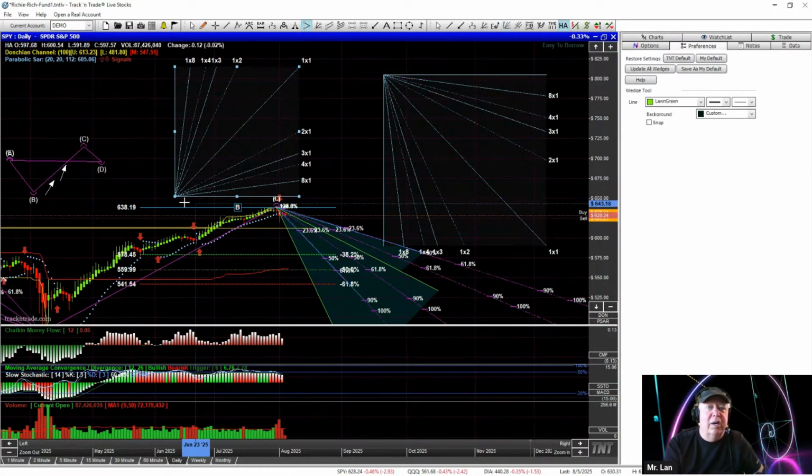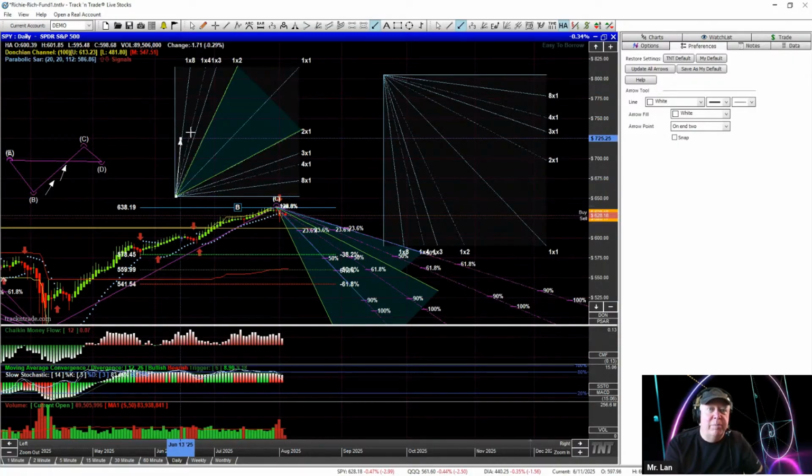So as long as the market stays inside the cone, Lan, you can't draw these things. I never can draw these things. There we go. Okay, that's the uptrend. Now, if it goes up above the delta cone or the Gann cone, if it goes up into this region here, it's going up too far too fast.